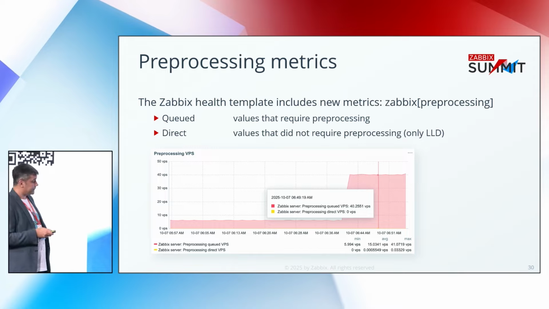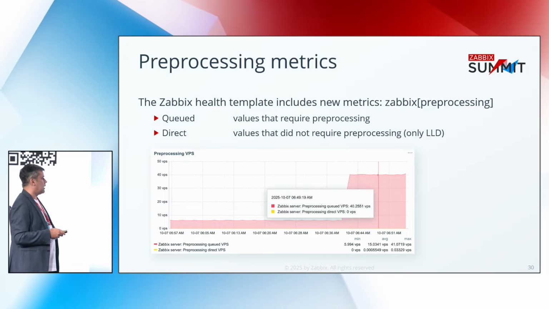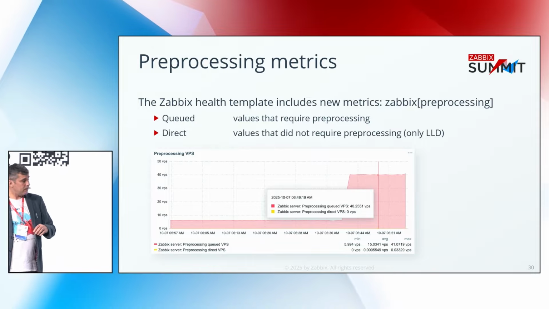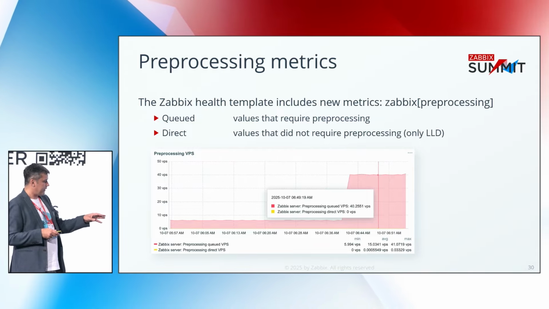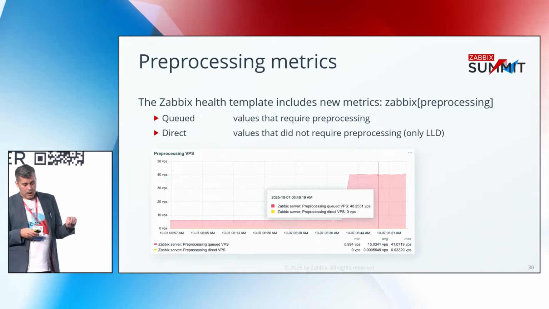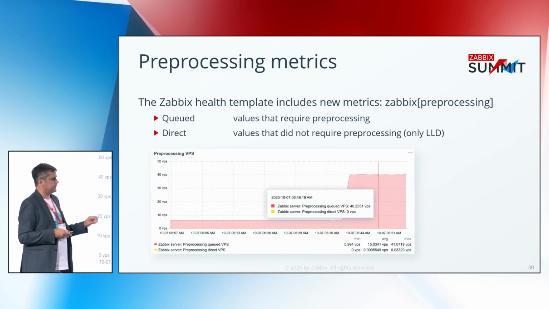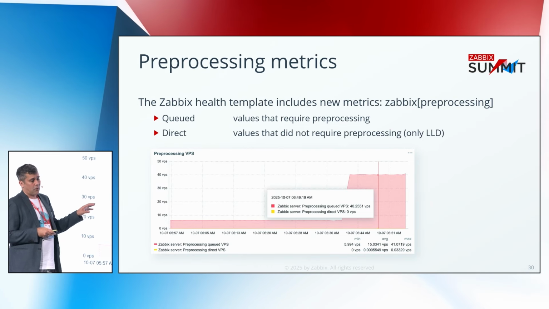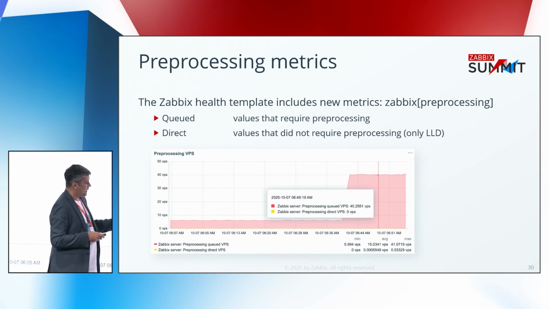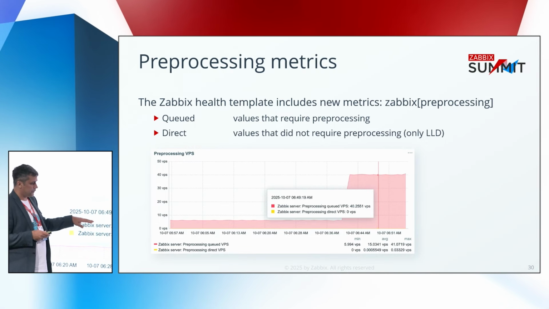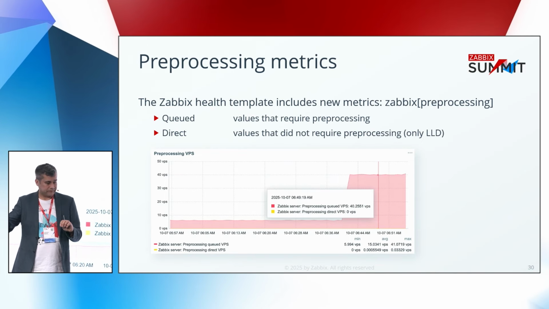And we have new metrics. Because now metrics can bypass preprocessing, there are metrics like preprocessing queued VPS and direct VPS. Be very careful when you look at this graph, because you may get it wrong. The red line means how many values went through the preprocessor and were preprocessed.